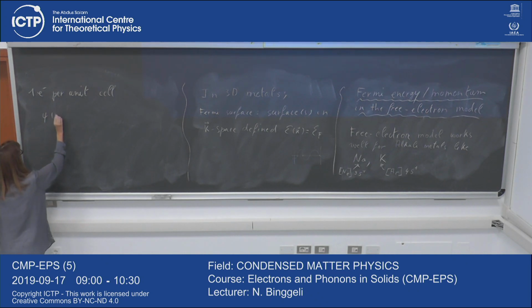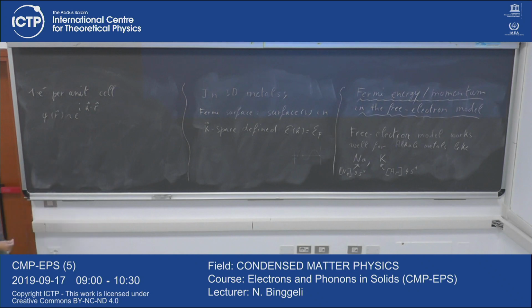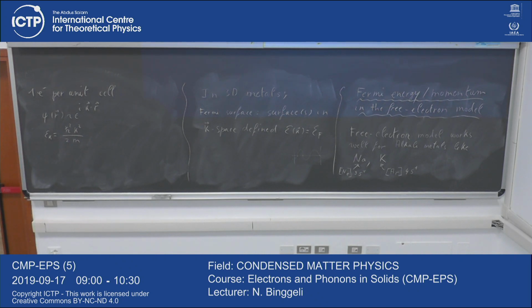So, the free electron wave function psi of r is just proportional to exponential i k r, which is also a Bloch state with u equal to 1 if you want. So the wave functions are just free electron wave functions, and the energy is just the kinetic energy, h bar squared k squared divided by 2 times the mass of the electron.